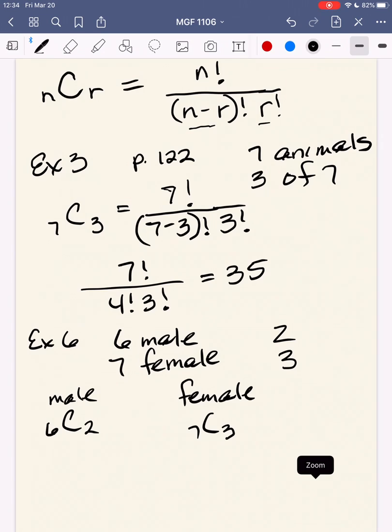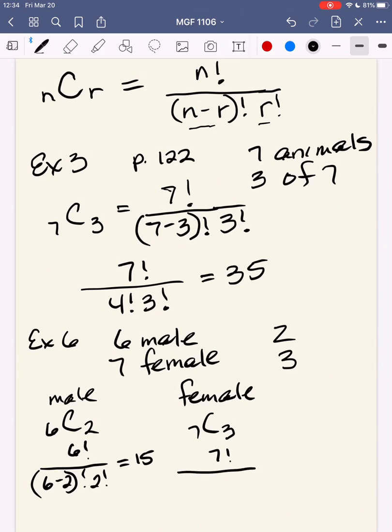So this one would be 6 factorial over 6 minus 2 factorial times 2 factorial, which gives me 15. My female bears would be 7 factorial over 7 minus 3 factorial times 3 factorial, and that's going to give me 35 different combinations.